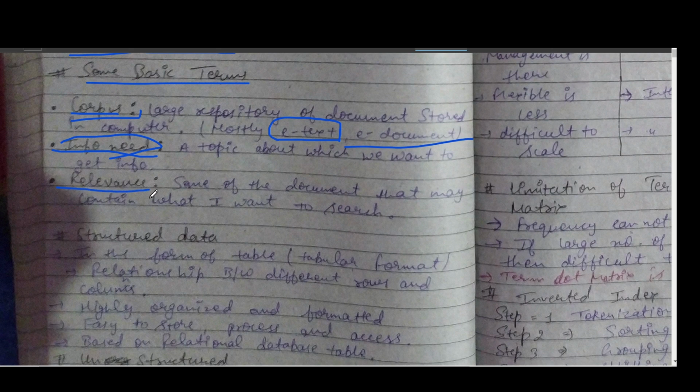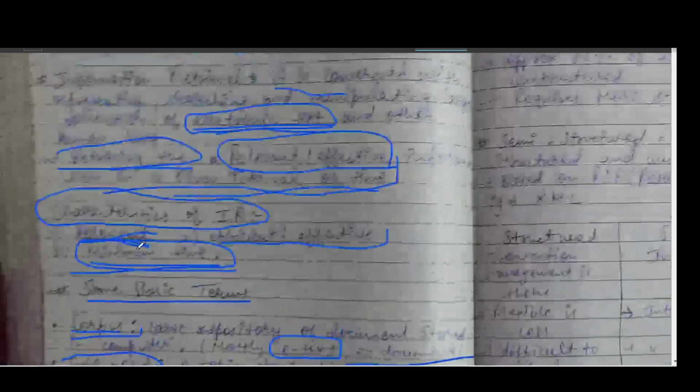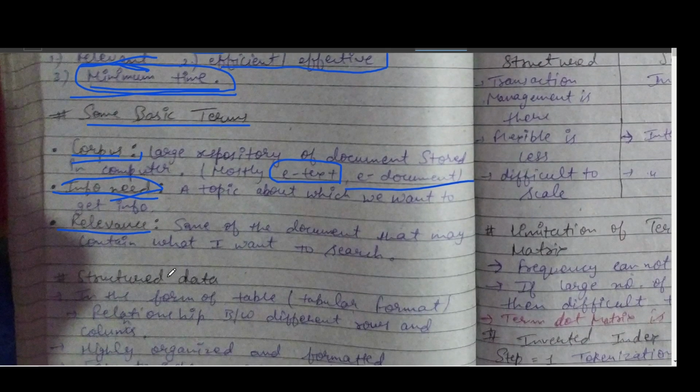Next is relevance. Relevance means some of the documents might contain what I want to search. I told you here that relevance is the document that may contain what I want to search. Whenever you go to a search engine and search something, you find documents.